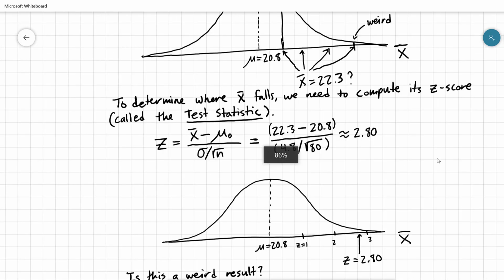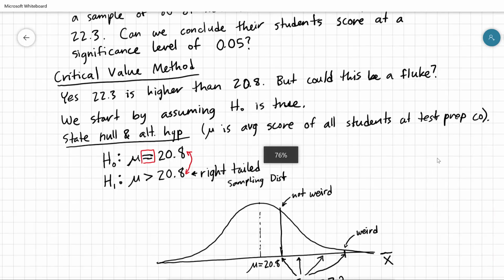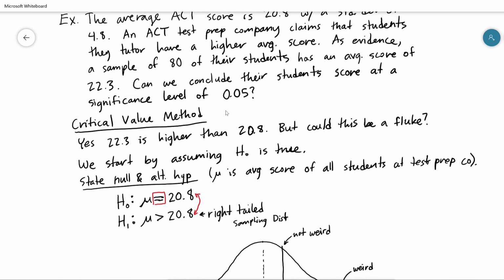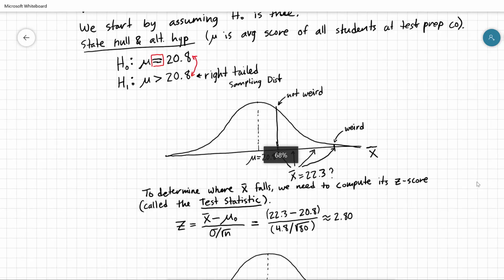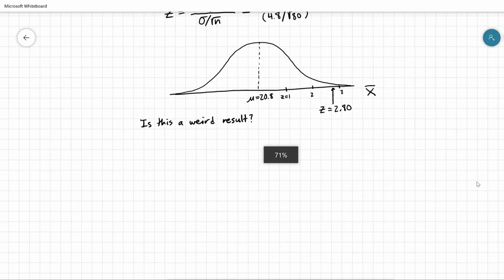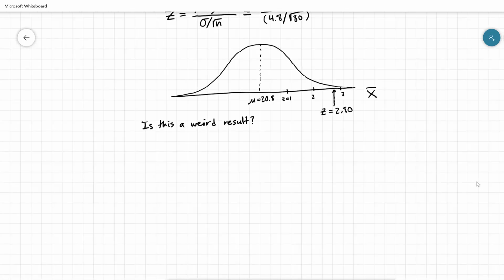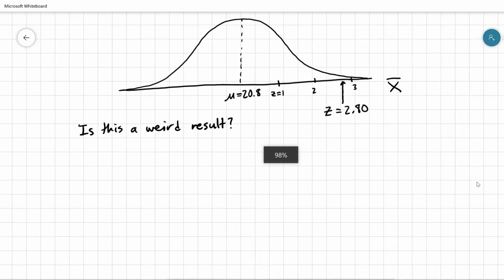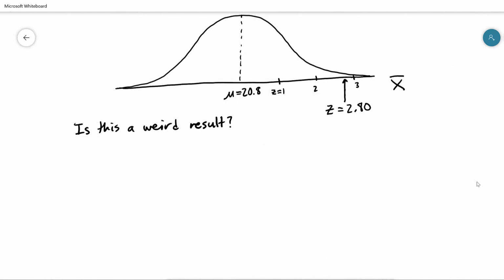When we framed this question, I said we're using a significance level of 0.05. The significance level is basically where we're going to define what we consider weird. So is this a weird result? Zoom in here.